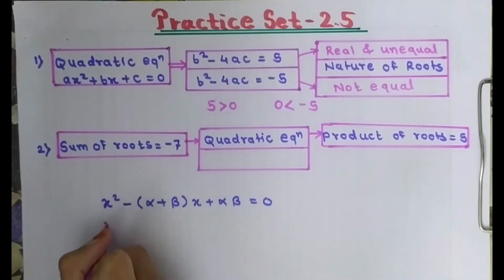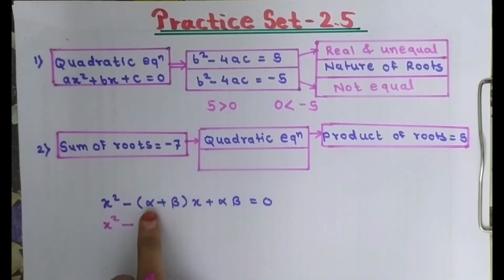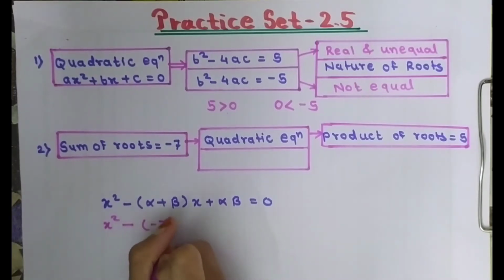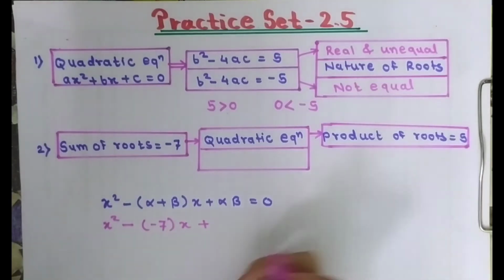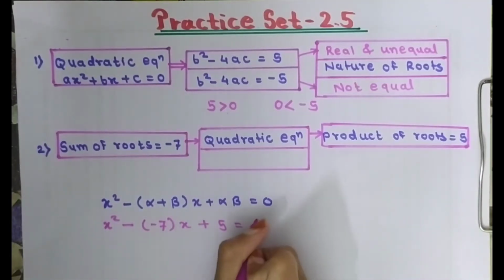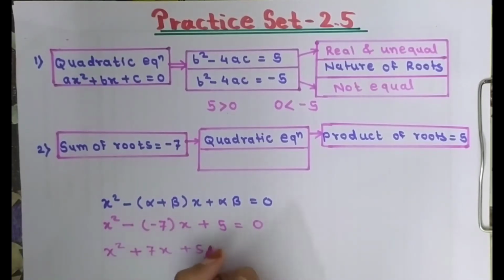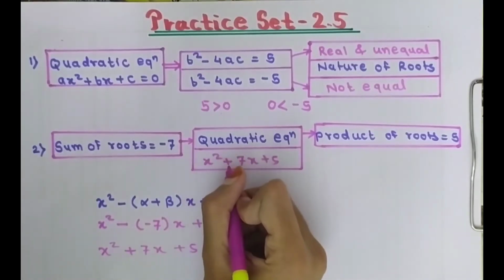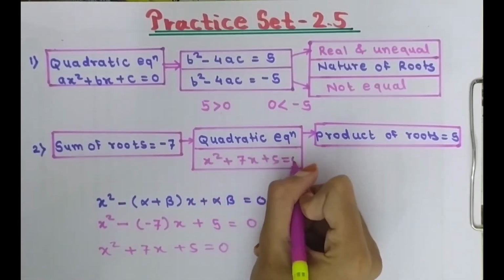Write x square as it is, and the sum is minus 7, so write alpha plus beta is minus 7, x, plus alpha into beta, the product, which is 5, is equal to 0. So x square minus minus 7x is plus 7x. Therefore the quadratic equation is x square plus 7x plus 5 is equal to 0.